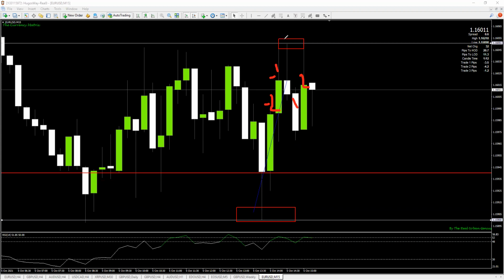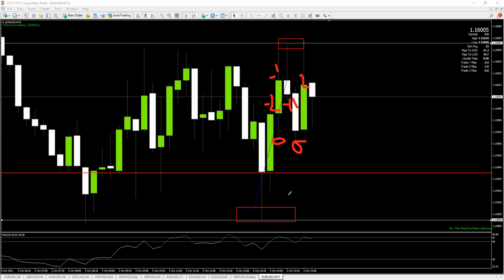So swing high confirmed. As far as the swing low is considered, here's a 0, but here's a -1, but there can't be a -2 because this candle is lower than 0. So this is not a swing low. Make sense? This is not a swing low because if you go 2 candles back, this candle's lower.